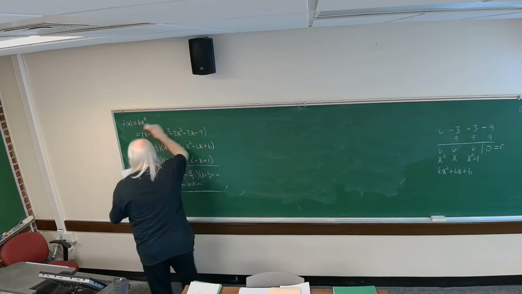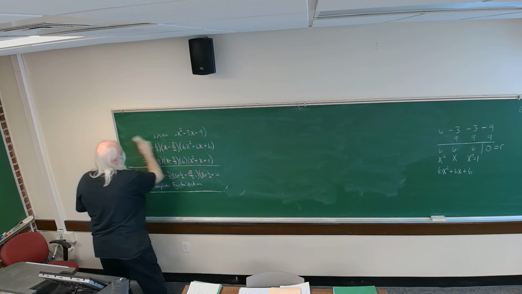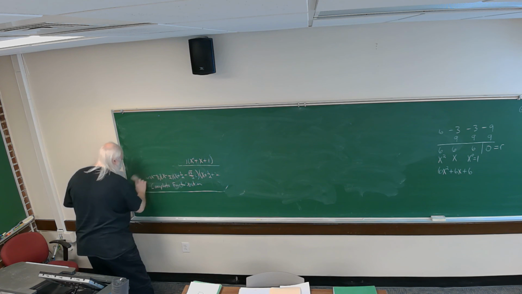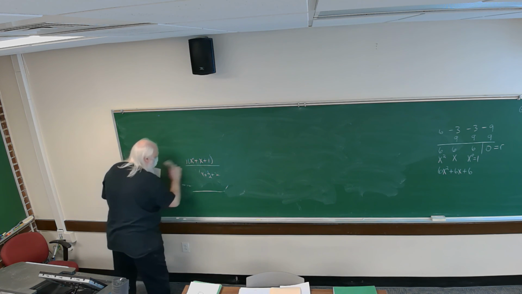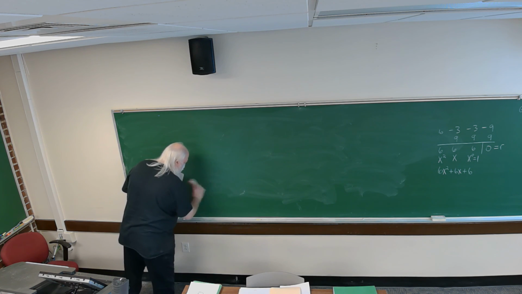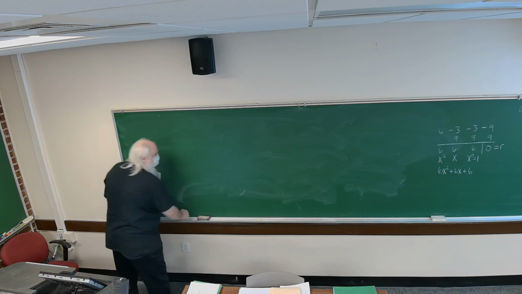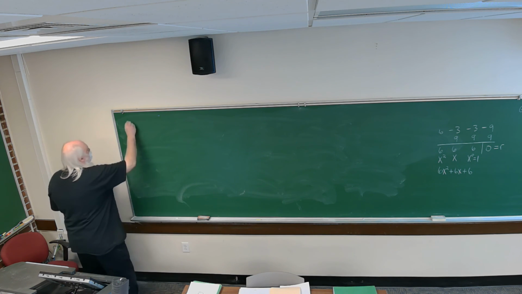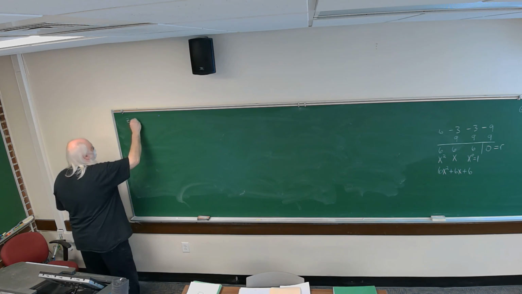So you might want to write this at the top of page 1 above the heading that I'm about to put on the board. This is our introduction to this section.